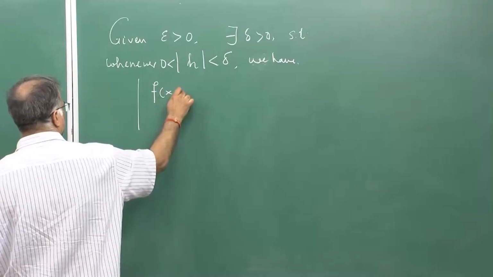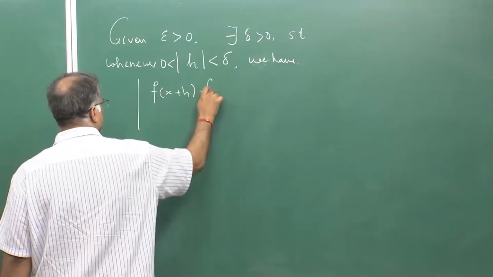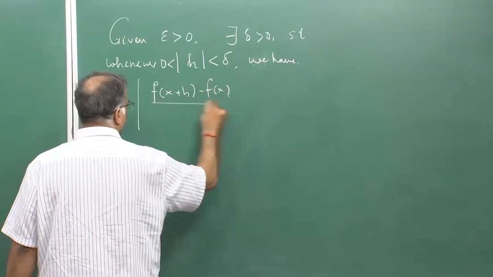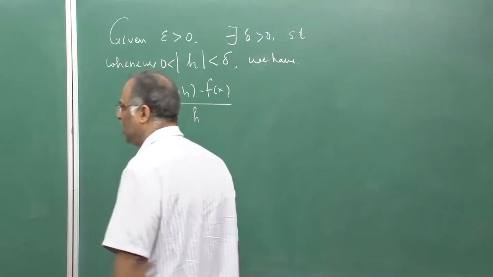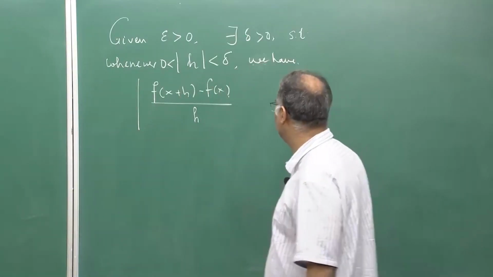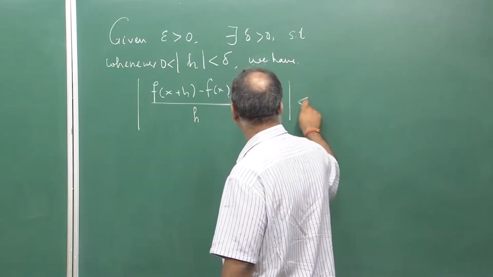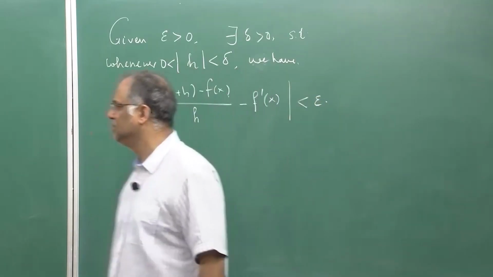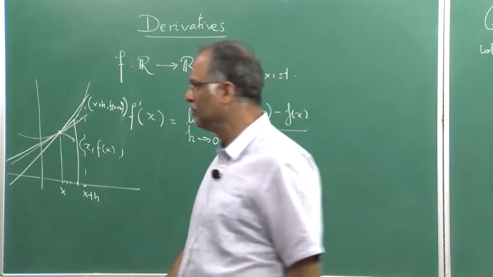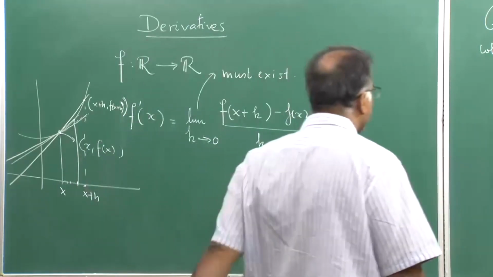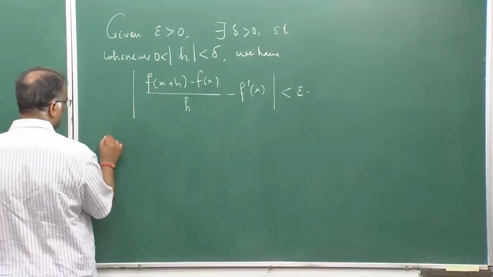that the slope of the chords approach the slope of the tangent, which we call the derivative. This must be less than epsilon. This is the meaning. So, if I look at this, I can do some more simplifications.